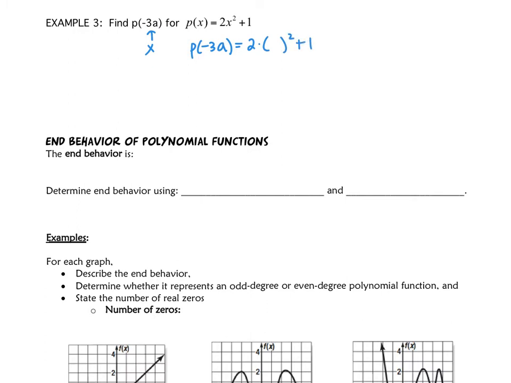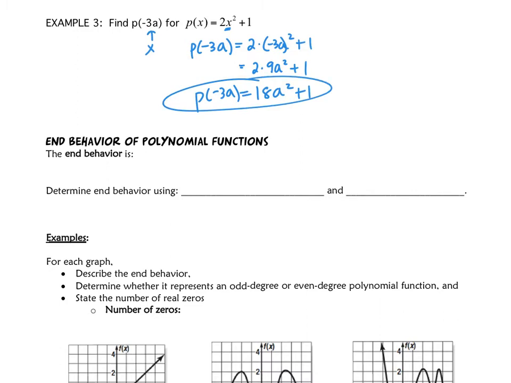Now, in place of this x, we're putting negative 3a. So order of operations tells us to do that exponent first. Negative 3 squared is 9, and then a squared. So we get 18a squared plus 1. And that's it.